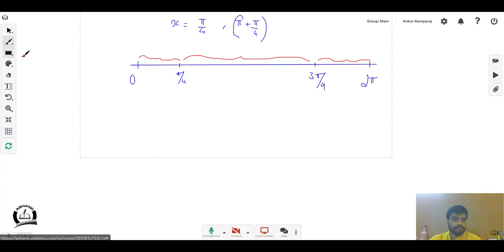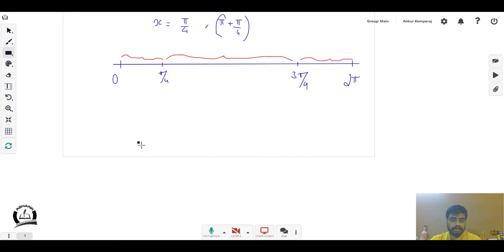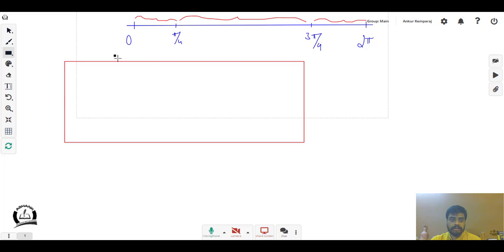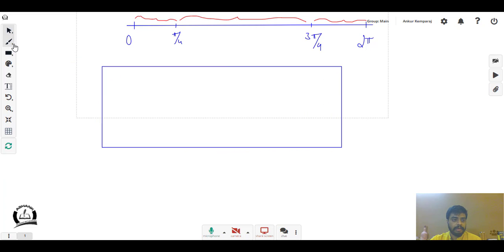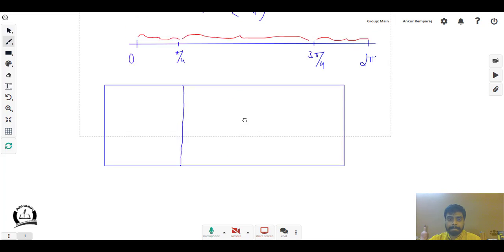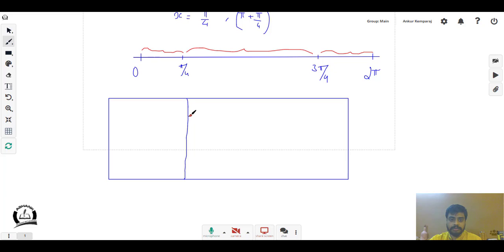Now, I'm going to create a small table. I'm going to fill this table up with information such as, let's say, intervals on this side, and I have my f of x equations here.